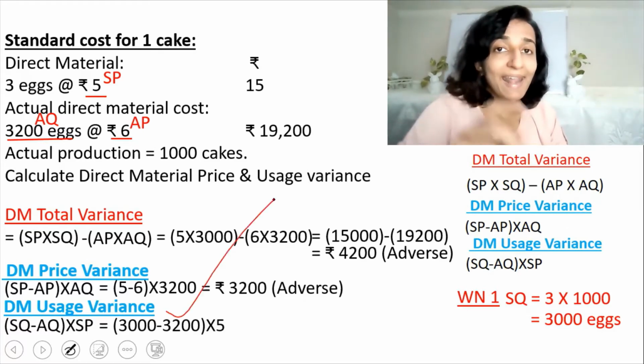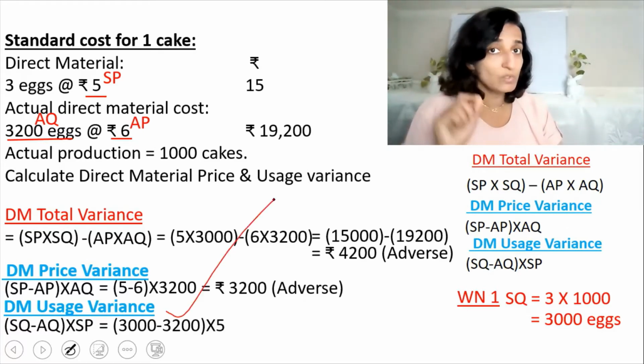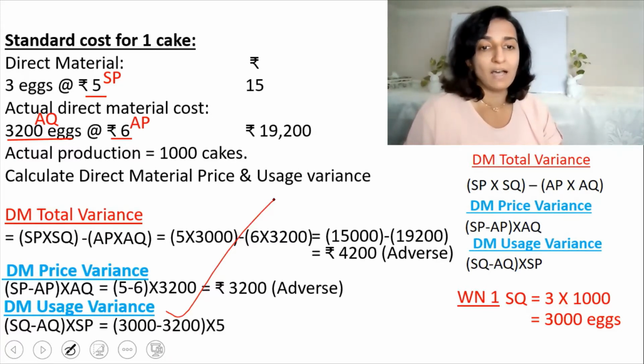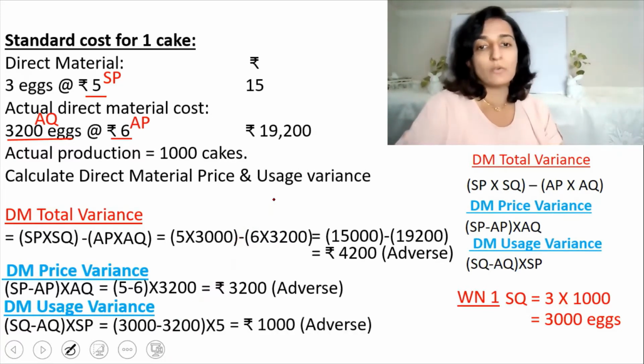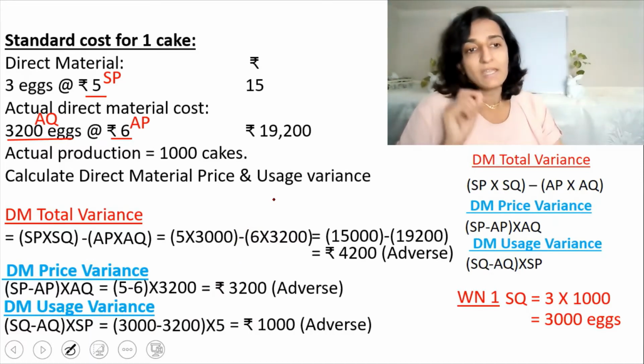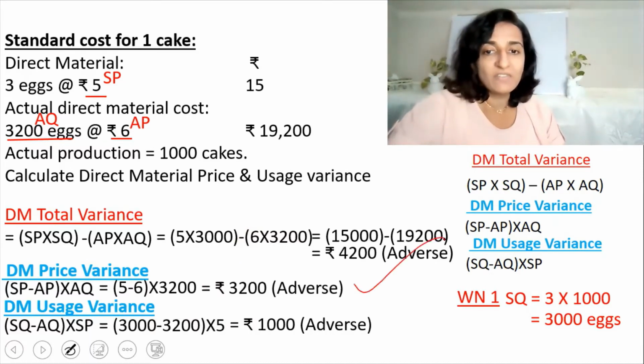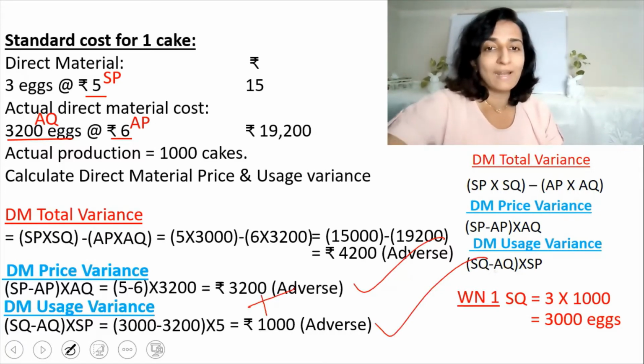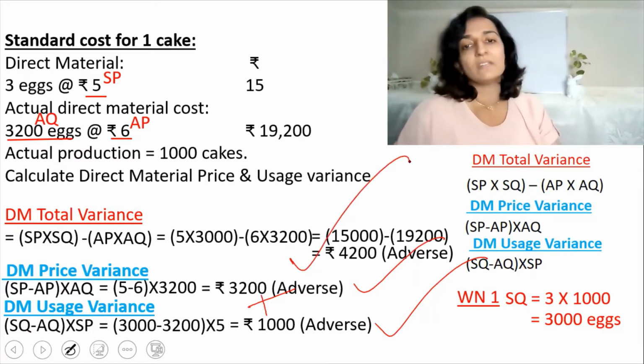We have taken an extra 200 eggs, which means that there again, it is an adverse variance. So the final answer is 1,000 rupees adverse. If you cross-check the price variance plus the usage, that is 3,200 plus 1,000, it will add up to the direct material total variance of 4,200 rupees. So our answer is right.